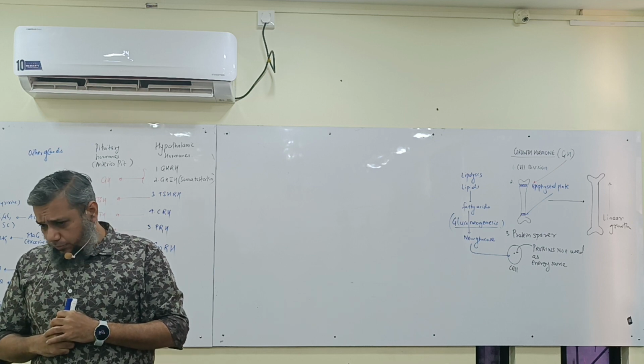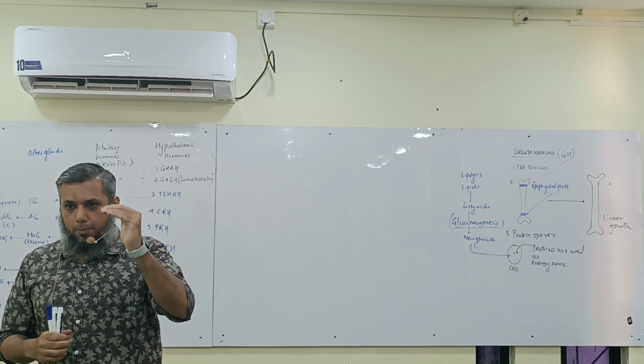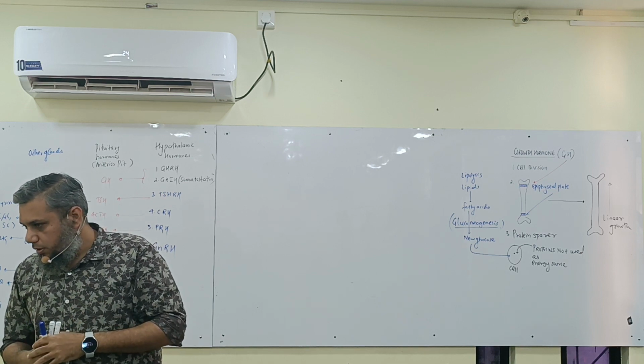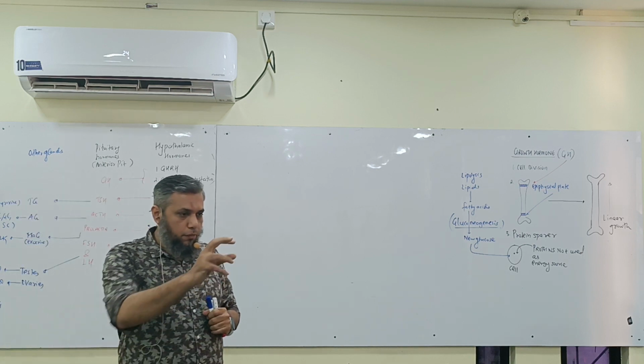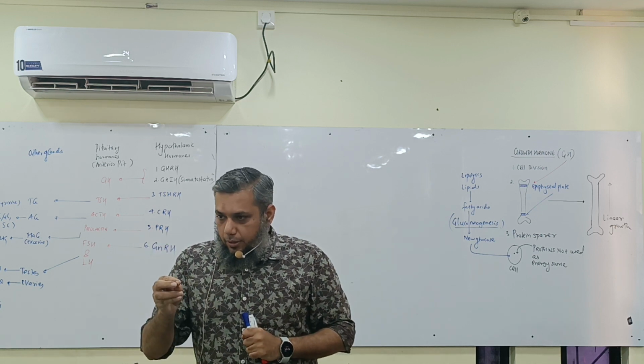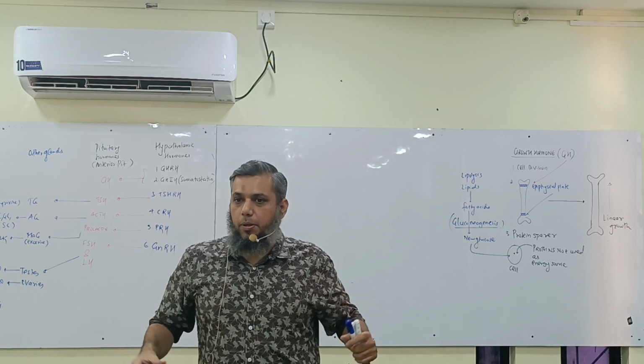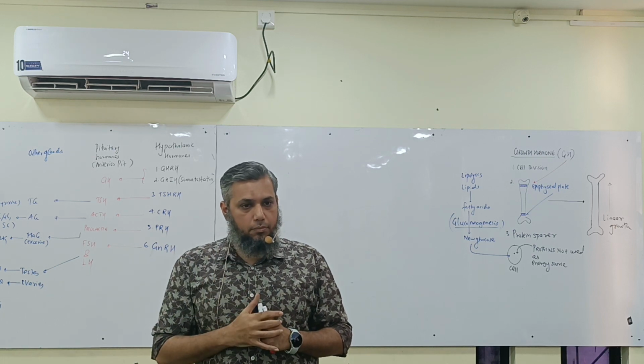What is my point? Naturally, right now your GH levels are high, because you're in a growing age. Some of your body characters are determined by your diet, your genetics, your physical activities, multiple things. Your height is one of them.